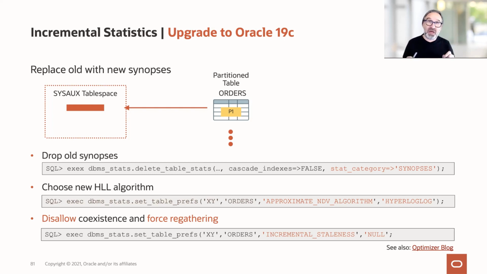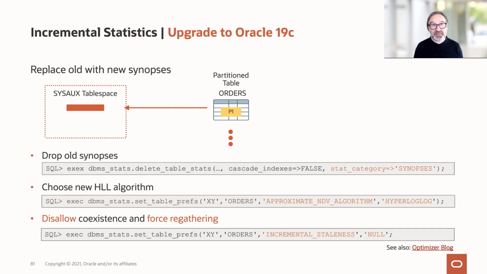Now you turn on hyperloglog. And then you disallow the coexistence of old and new and you force a regathering, and you set the table prefs to incremental staleness null. Change it later on again, once it's done. But this way you force the database to tell it, okay, these statistics are outdated, you need to regather them. And then you get the new ones.